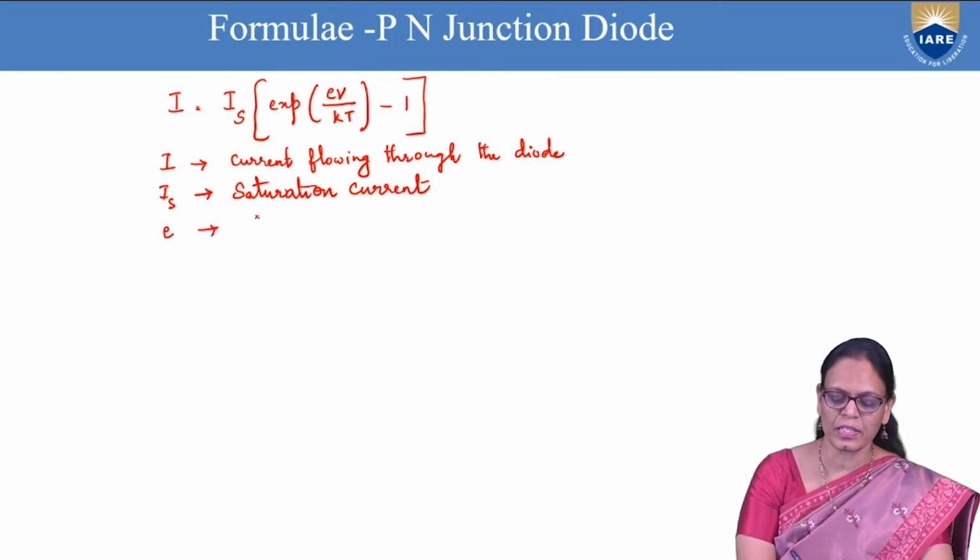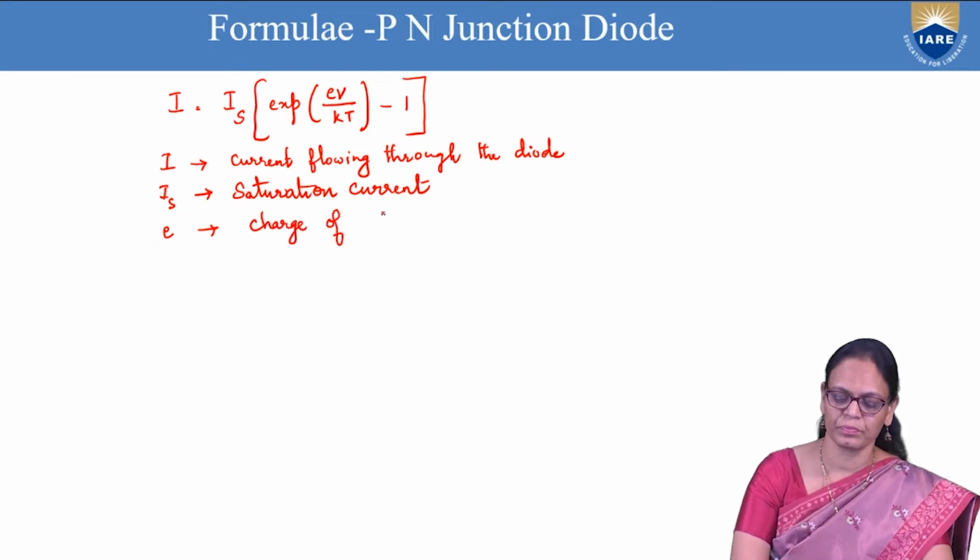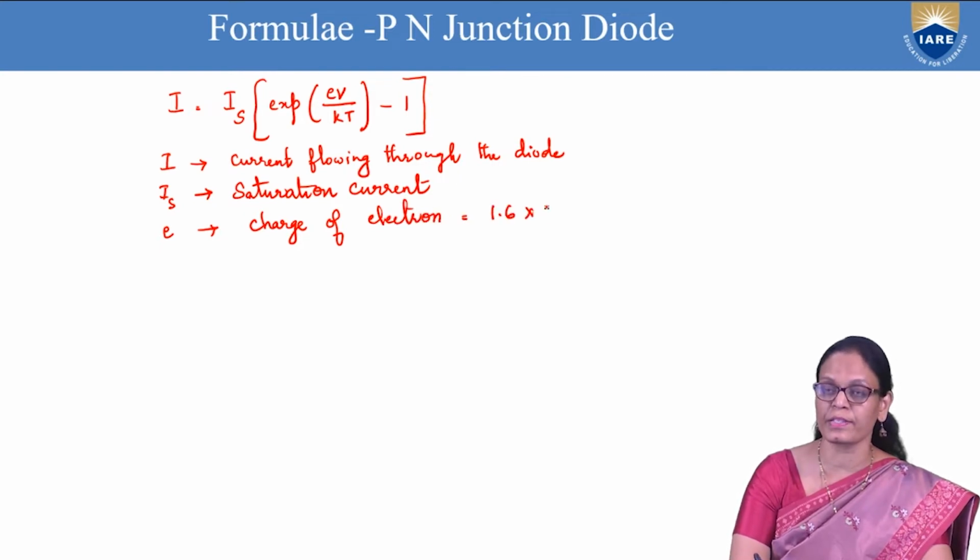e here is the charge of the electron, which is a constant, 1.6 into 10 power minus 19 coulombs.